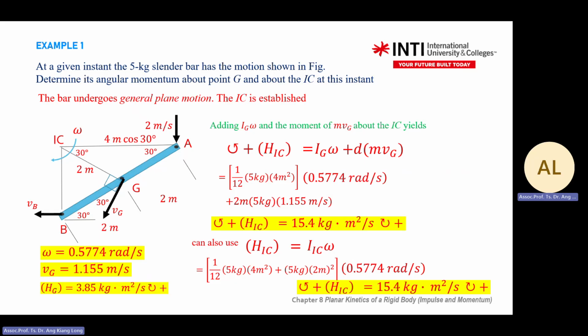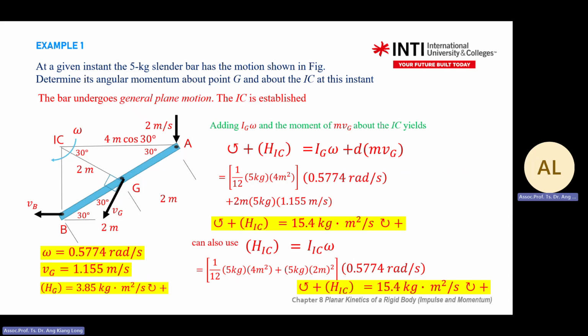And another one, angular momentum about the IC point, is here. That's why it still applies. H equals I omega, but you need to calculate I equals IG plus m d squared. Then what is different is your d. Where is your d? It is here. IC to G is 2 meters.